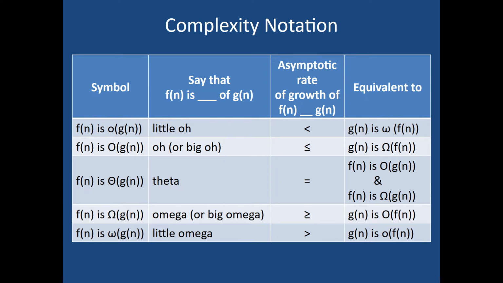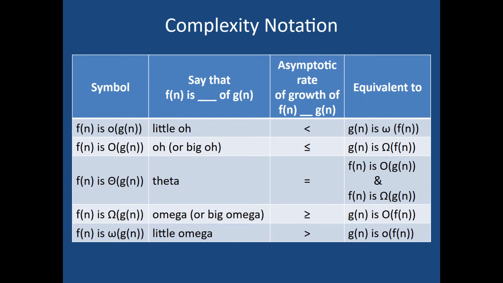Now, if A is less than or equal to B and B is greater than or equal to A, what do you know? They're equal. So theta, which is in the middle here, is when the two rates of growth are the same.